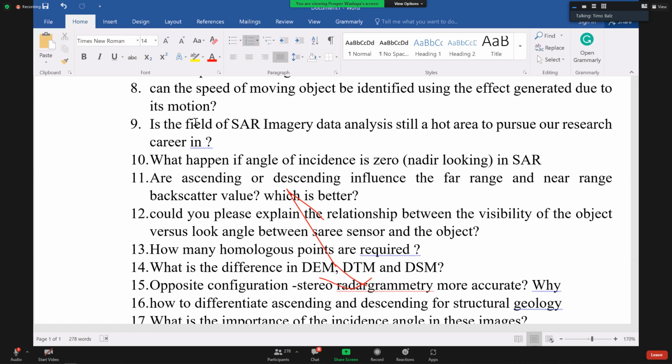And that is not identical, for example, in a forest area. In a forest, the DSM will be on the top of the forest, and the DTM value will be on the bottom of the forest, on the ground. And both of them are digital elevation models. Both are DEMs, but they are not the same. One is a DSM, modeling the surface, and one is a DTM, modeling the terrain, the ground.